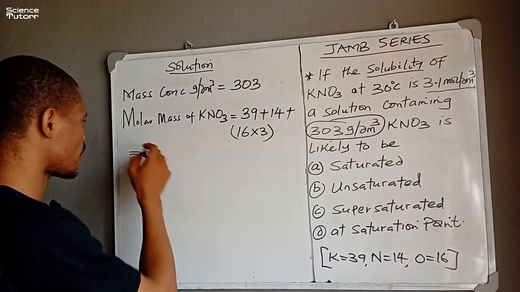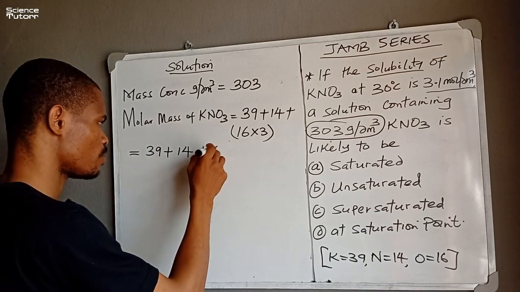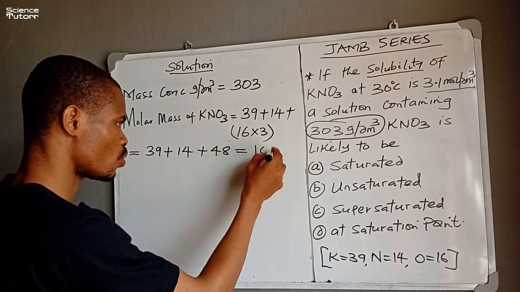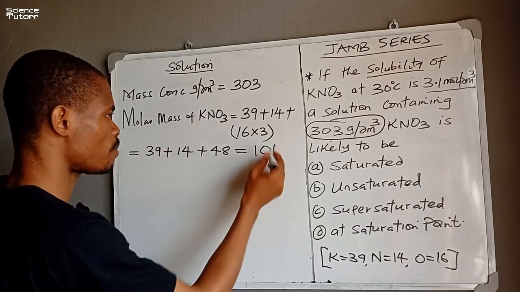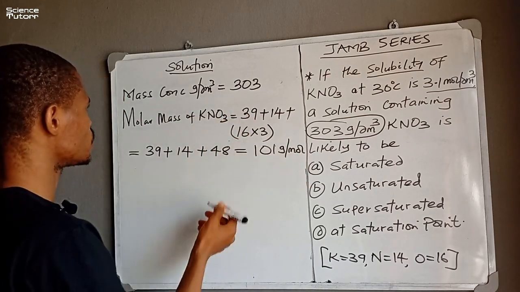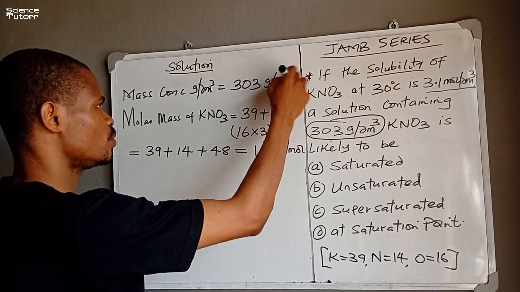So that automatically gives us 39 plus 14 plus 48, which is equal to 101. So molar mass 101 grams per mole, mass concentration 303 grams per dm cube.